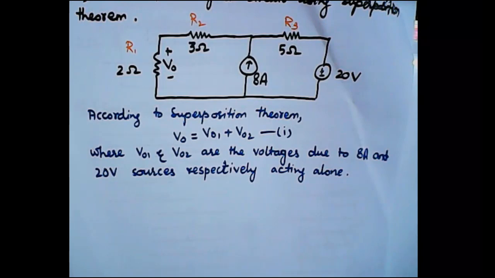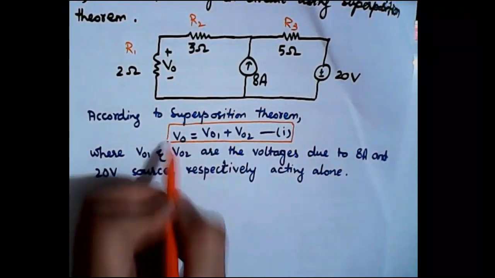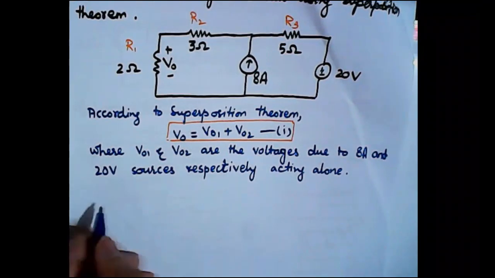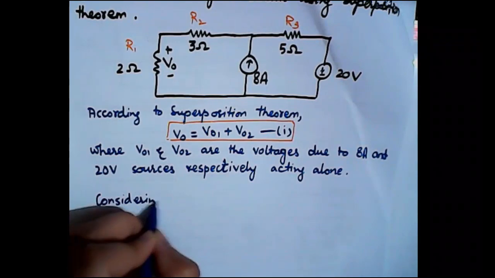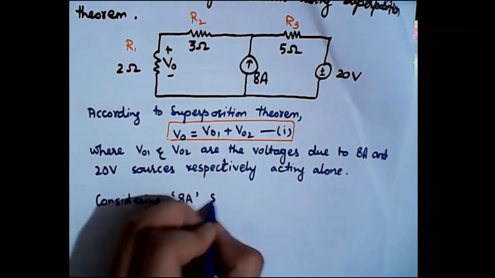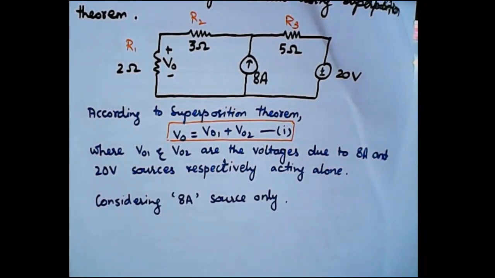So now let's consider one source at a time. Just encircle or border this main equation, and considering 8 amperes source only, right?